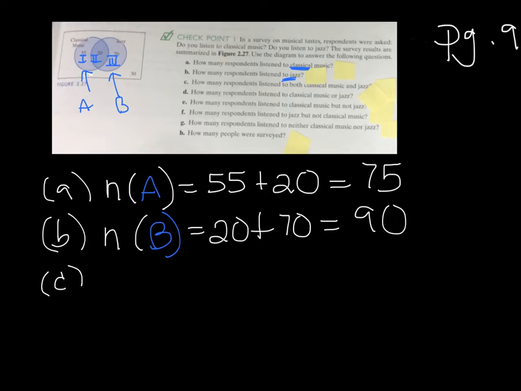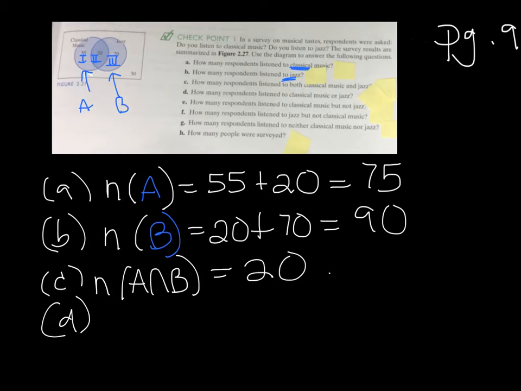Part C, how many respondents listen to both classical music and jazz? Both is just the intersection, so that's n of A intersection B, and that is 20 people. And D is, how many respondents listen to classical music or jazz?